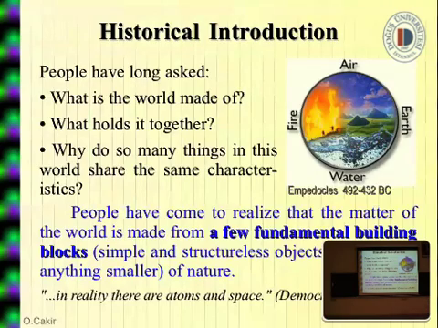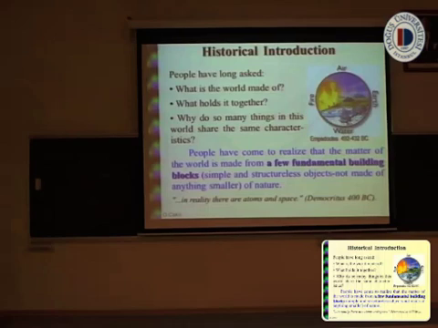Okay, let me start with the historical introduction, because a long time ago people asked what the world is made of, and what holds it together, and another question, why do so many things in this world share the same characteristics?